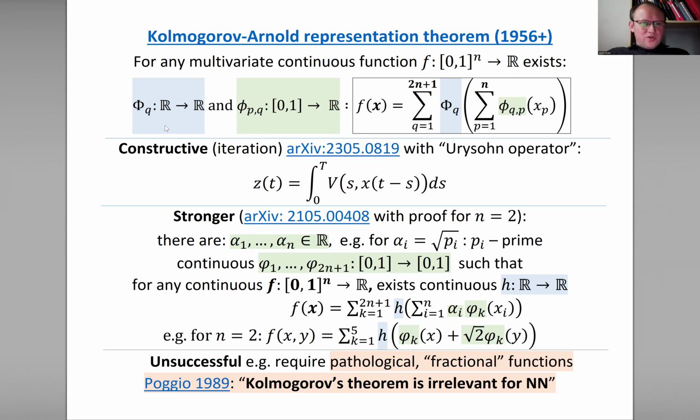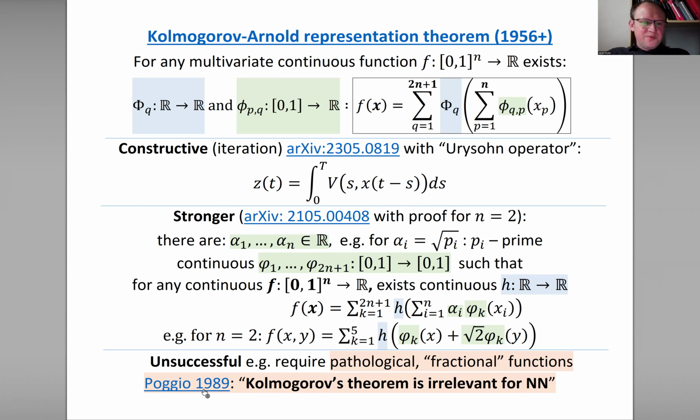So it's not so easy to construct them. There are some recent articles I've tried to read, but I wasn't able to get the details, about this Urysohn operator. There are also stronger claims that you have to train just some single functions. However, it is said that this representation is quite topological, so they call them fractal functions.